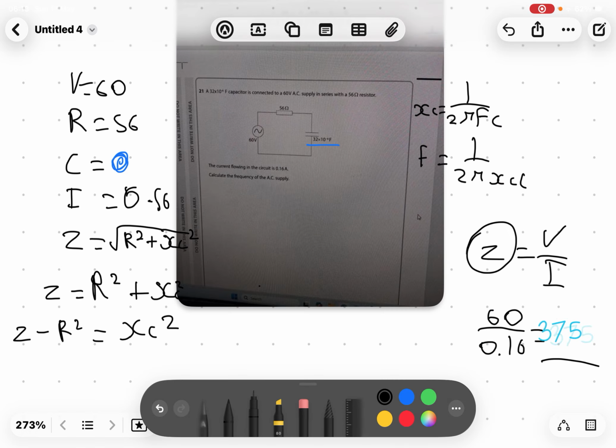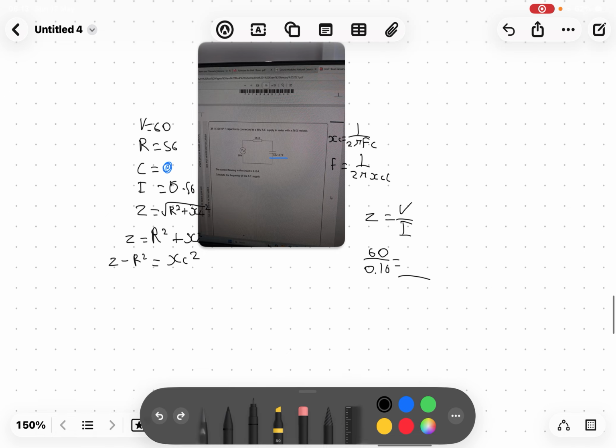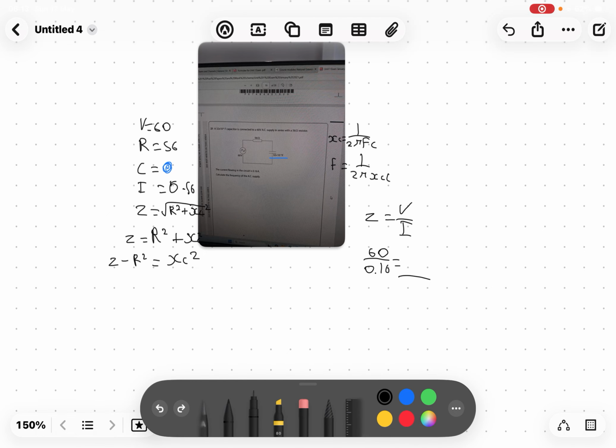So this is Z. Then Z take away R squared, 56 squared, 3136.